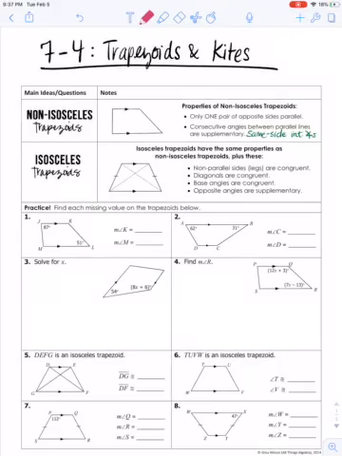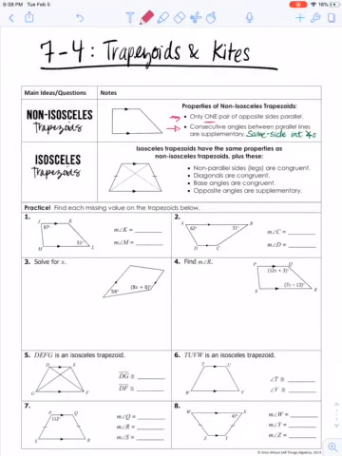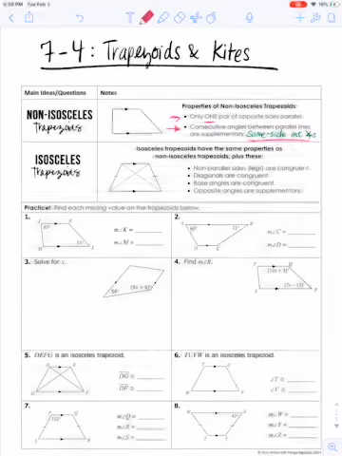So, starting with trapezoids, in general, a trapezoid is defined this way: one pair of opposite sides are parallel. In general, it only really has one extra property, which is that the consecutive angles between parallel lines are supplementary. If you're confused by the wording, just remember it's basically same side interior angles.